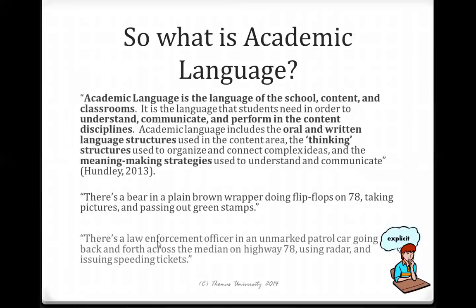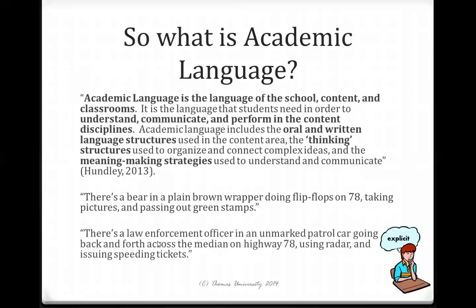If you look at the actual definition of what that phrase means, it refers to a law enforcement officer in an unmarked patrol car going back and forth across the median on Highway 78, using a radar and issuing speeding tickets. Depending on the context in which that is presented, you may or may not have any idea of what that initial sentence is saying.